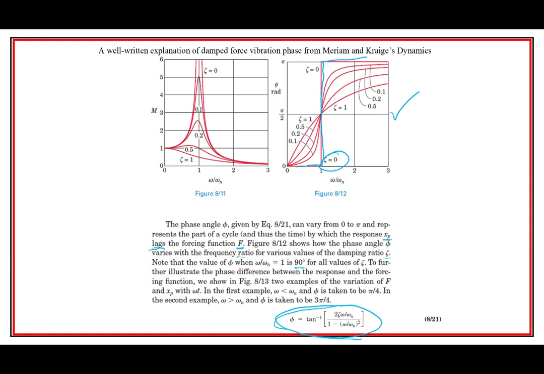And remember that they're not putting F's on omega, so that's what I mean by omega F. In the first example, omega is less than omega N, so this is going to be on the left-hand side. And here we're going to take phi as pi over 4, so we're at like 45 degrees.